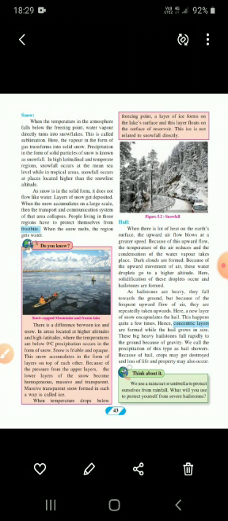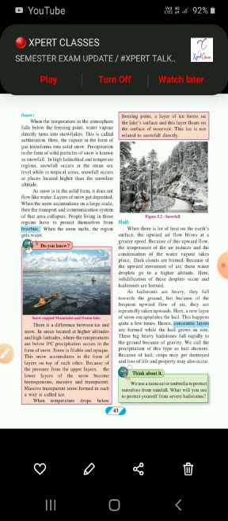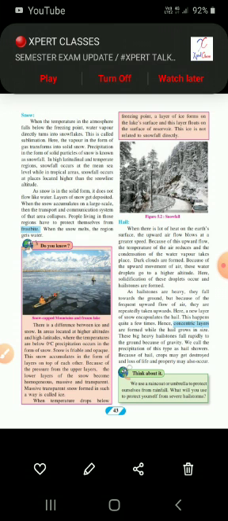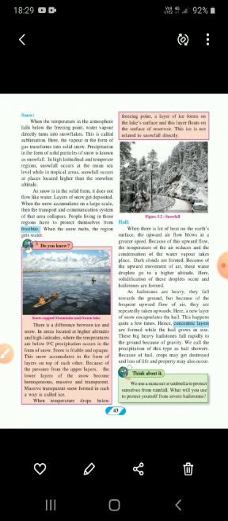These big heavy hailstones fall rapidly to the ground because of gravity. We call the precipitation of this type hail showers. Because of hail, crops may get destroyed and loss of life and property may also occur. So children, what happened?